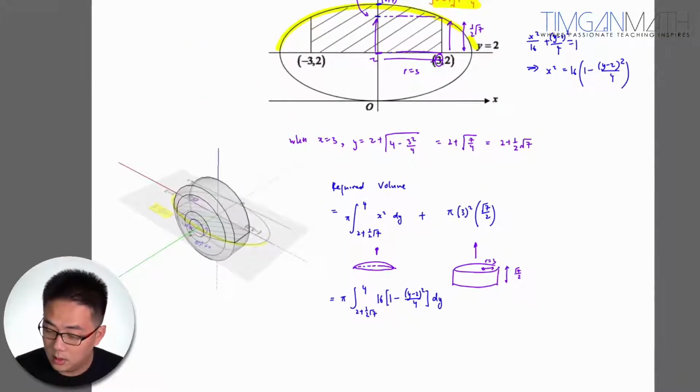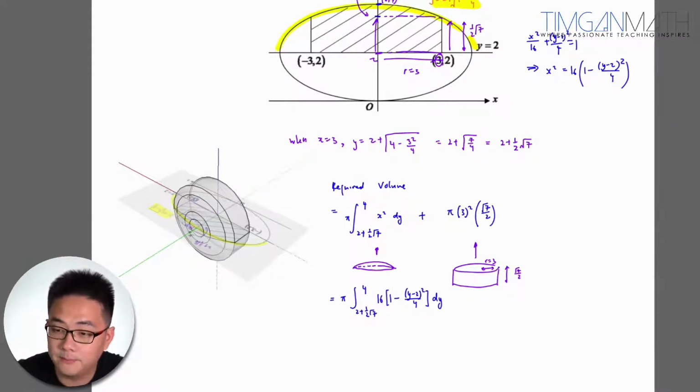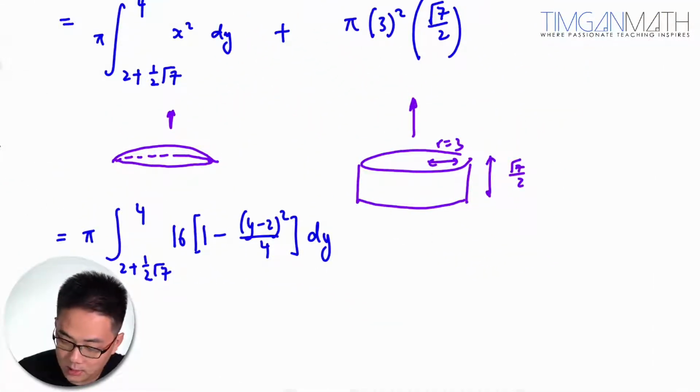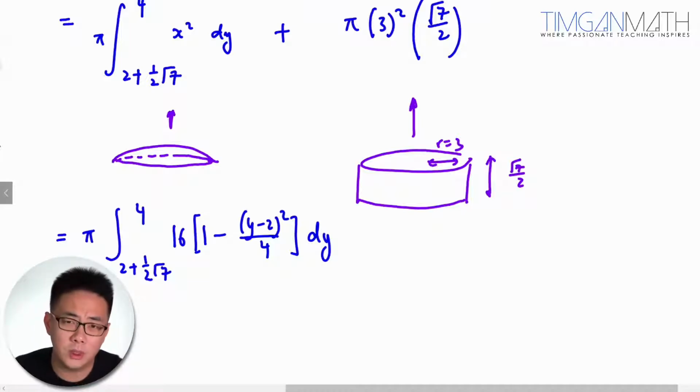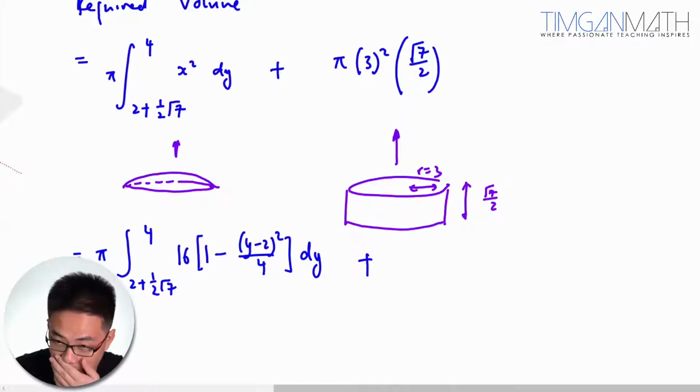Alright, so that's how we do this part here. Then after which we are going to just integrate it, because this is integratable. This is linear in y, so we could integrate it properly. So yeah, let's see how we can do this.